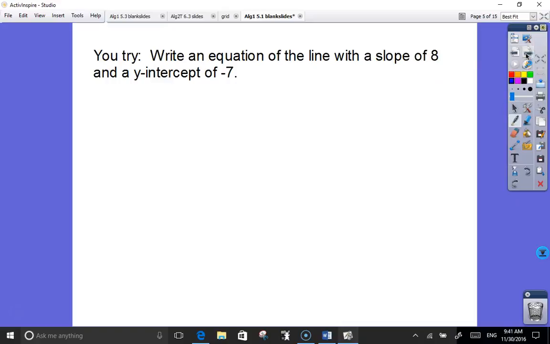So you try. Write an equation of the line which has a slope of 8 and a y-intercept of -7. Give you 10 seconds. How's that?